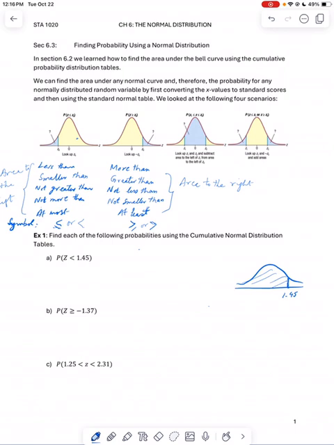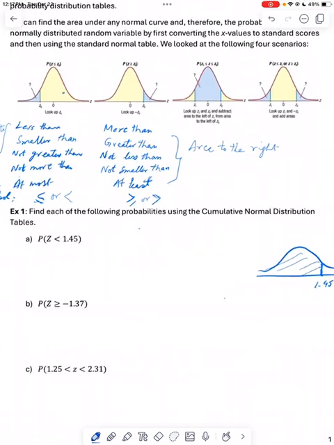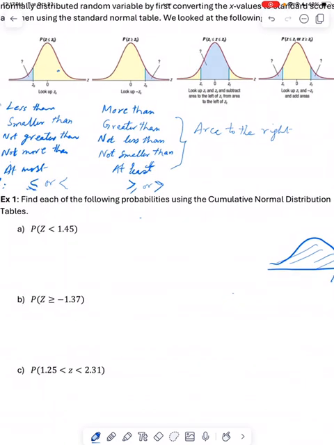Okay, so here is an example: find each of the following probabilities using the cumulative normal distribution table. The first one is saying the probability that z is less than 1.45. Again, emphasizing z is less than, or if we had the probability that z is less than or equal to 1.45, they are the same.